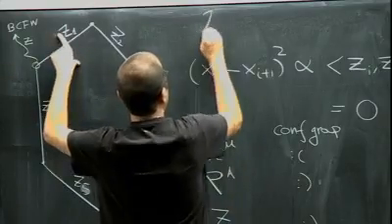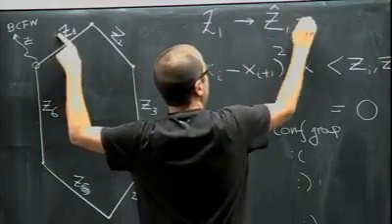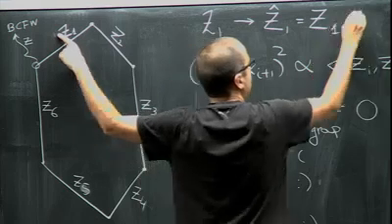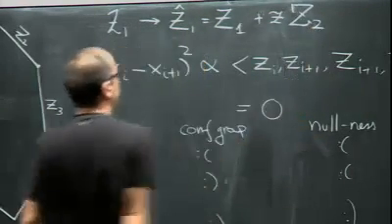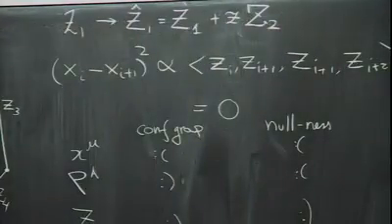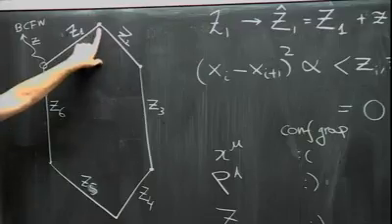You could say that Z1, let me parameterize it, goes to a deformed Z1, which would be Z1 plus this complex number Z times Z2. Because you see, if you change Z1 by a bit of Z2, what happens to this cusp? Does it move? No, why doesn't it move?